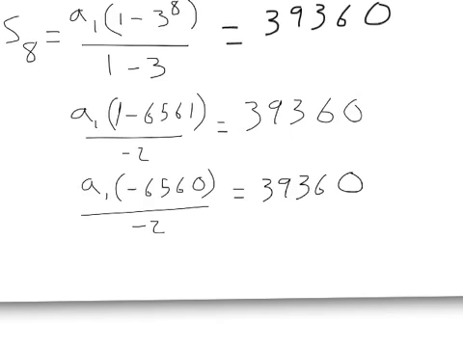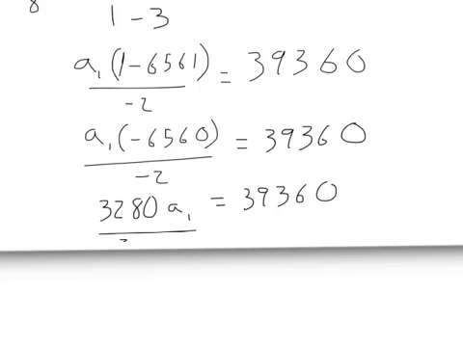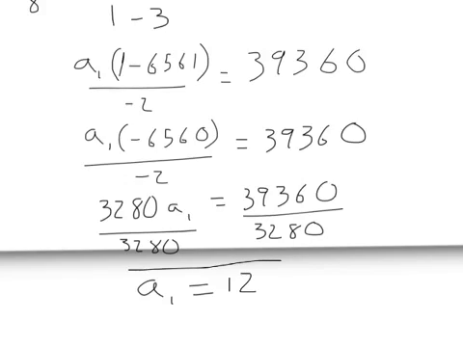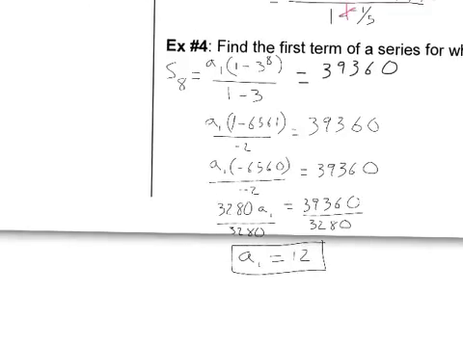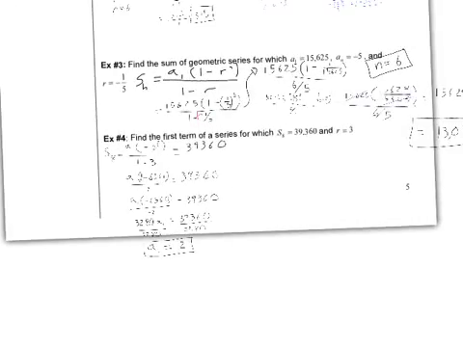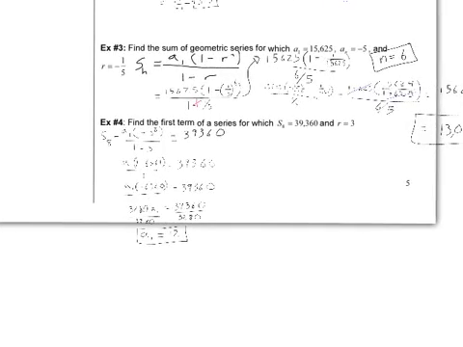Okay, we could divide this negative 2 through there. And that would give us positive 3280 times a sub 1 equals 39360. And then the last step is just divide both sides by 3,280 and figure out what a sub 1 is then. And it is 12. So a sub 1 is 12. Told you that one's not as bad as the last one. Okay, that's it for 11.4. I'll see you guys in the next video.